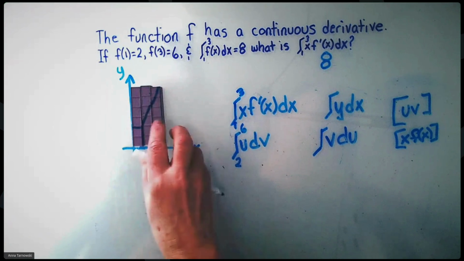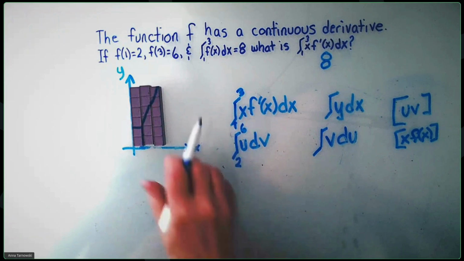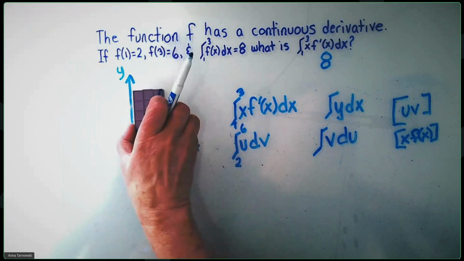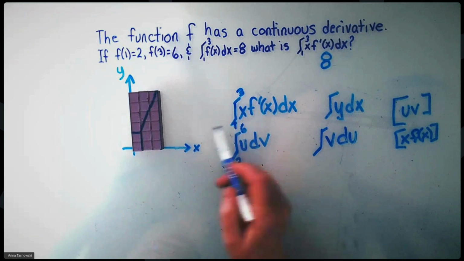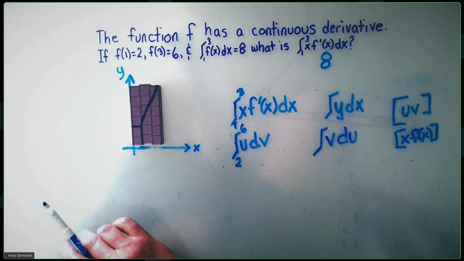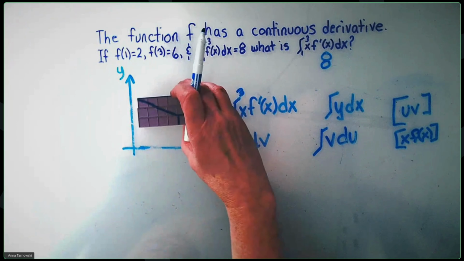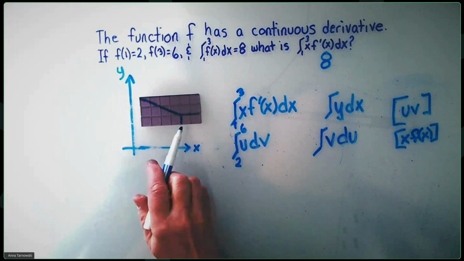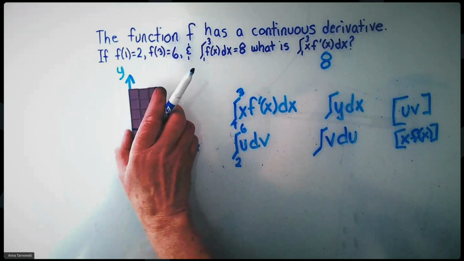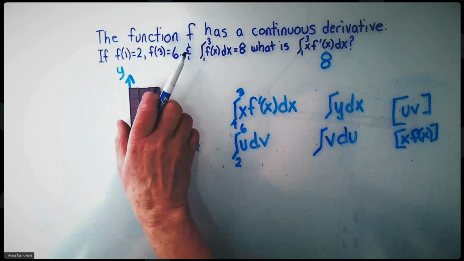So it's interesting, you could turn it this way and look at it from 2 to 6, u dv, or look at it this way. This would be the wall view, and this would be the floor view, this being the floor, and that being the wall.